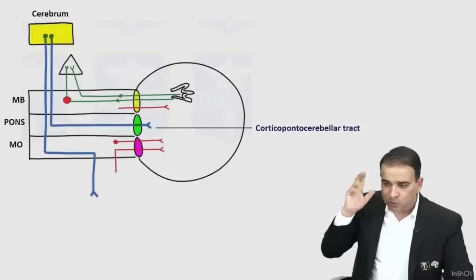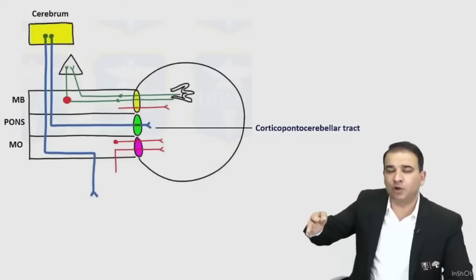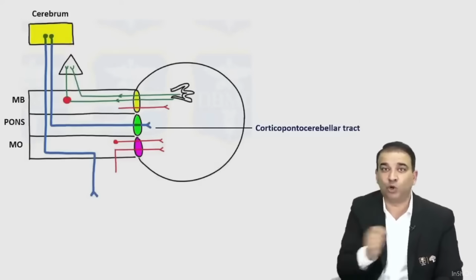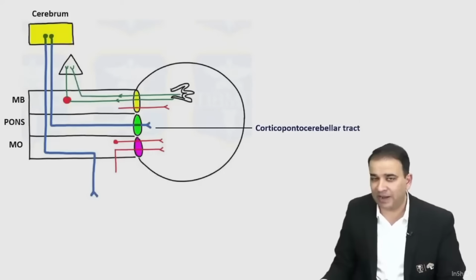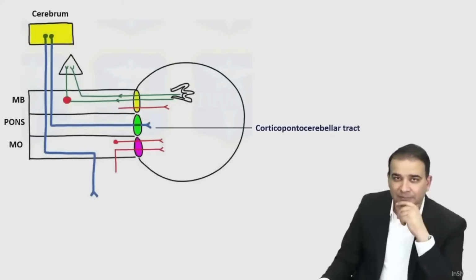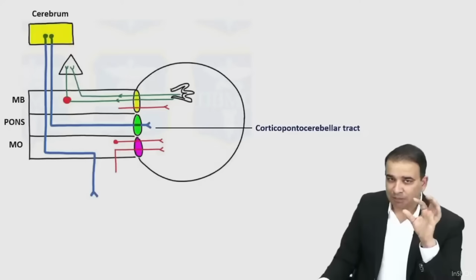Whatever the corticospinal tract is doing, whatever the cerebrum is doing, one copy is also sent to the cerebellum, and that is the cortico-pontocerebellar tract. That is the only major afferent present inside it.